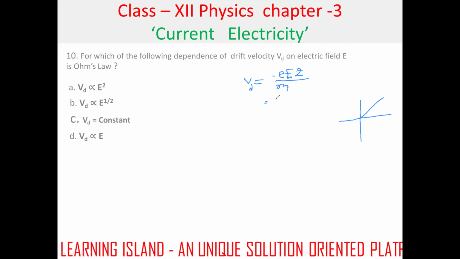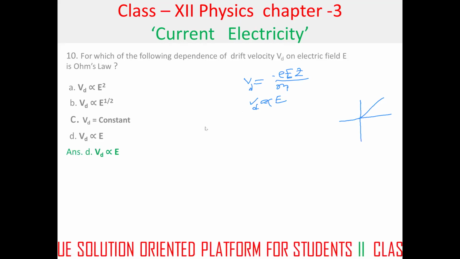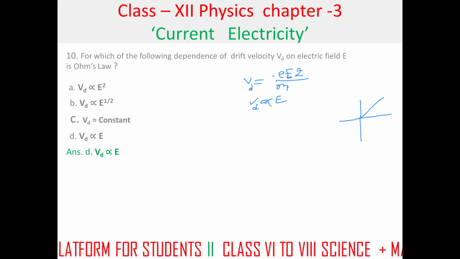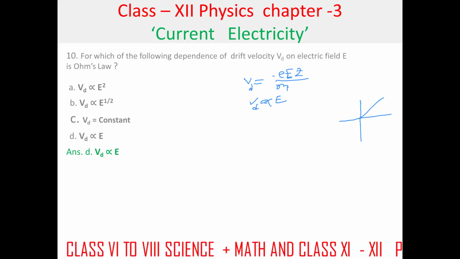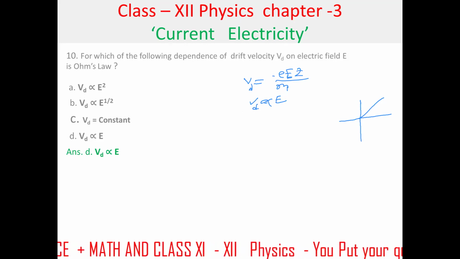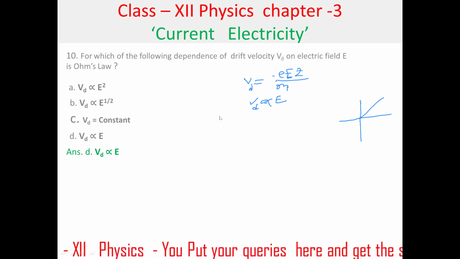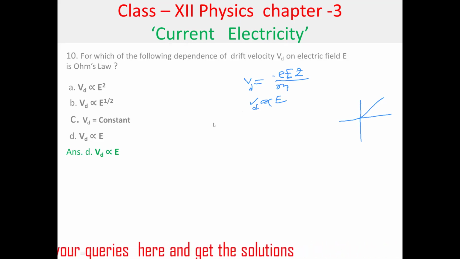So all are constants, so I can write Vd varies directly as E. It is directly proportional. So the answer would be Vd varies as E. The bigger the electric field, the bigger the drift velocity. Okay, understood? Let us proceed to the next question.